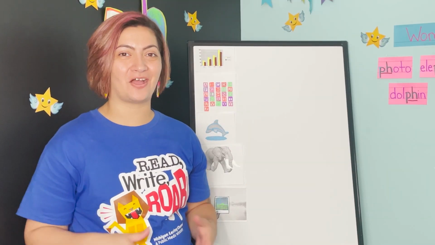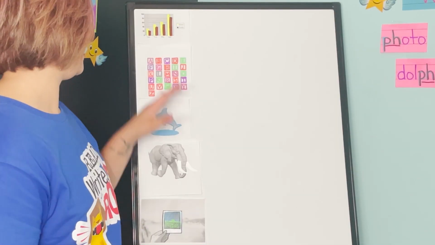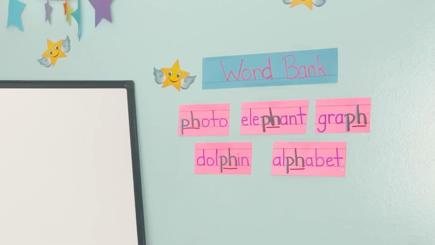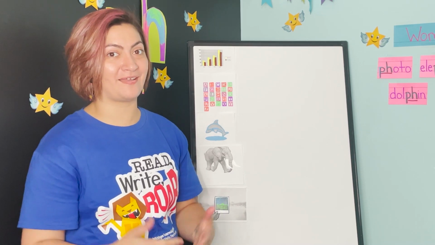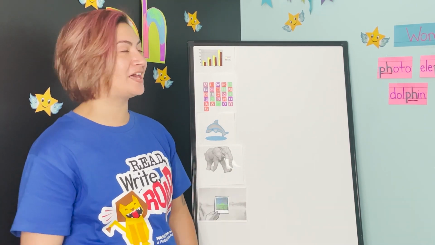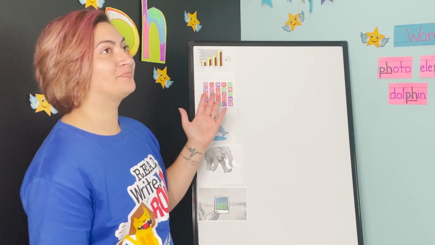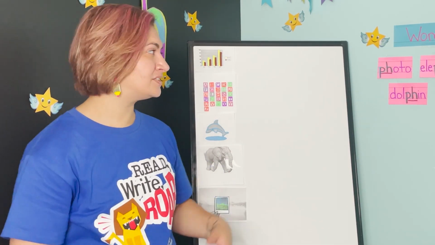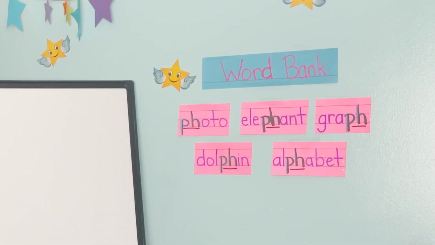Okay, scholars, on your paper, I need you to go ahead and have 1, 2, 3, 4, 5 spaces. We have 5 pictures that we're going to match up with words from our word bank. All of our words in our word bank are, of course, going to have the letters PH in them. Representing what sound again? Let's look at these words in the word bank.